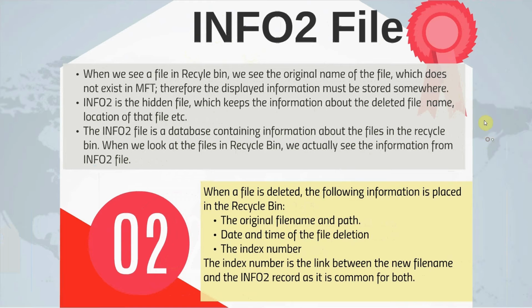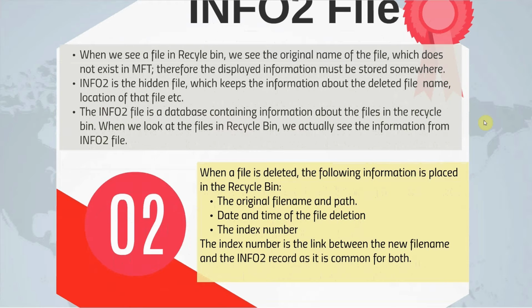So when you have deleted a file, something has happened in MFT, what we have discussed in the previous slide. After that, you move on to the recycle bin. What happens to the recycle bin? Within the Info2 file, you keep these three pieces of information in general. It will keep the record of the actual file name, where the file was actually stored before.